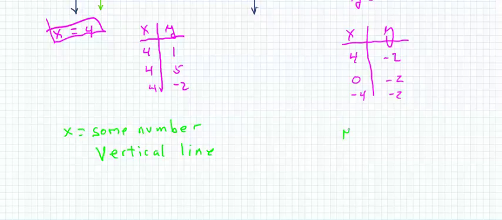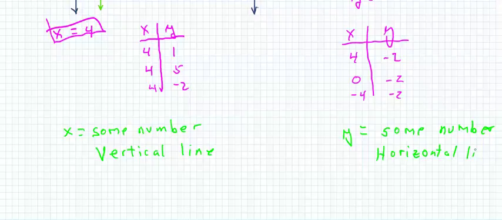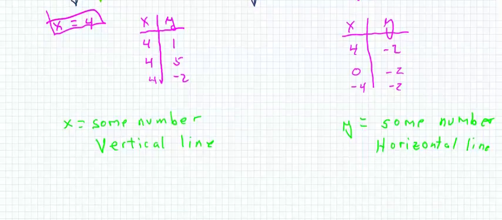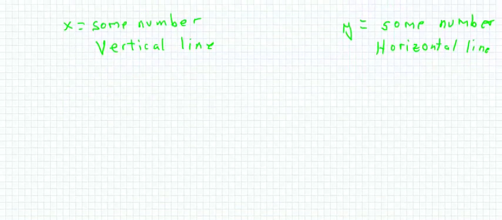If it's y equals some number, we have a horizontal line. These are essentially the easiest problems to do. You just got to keep it straight. So let's look at a super fast case.